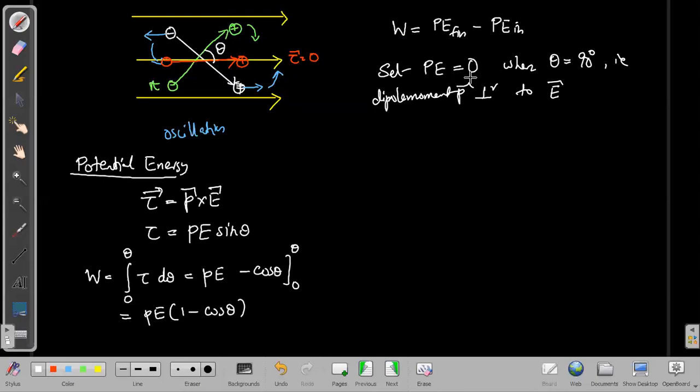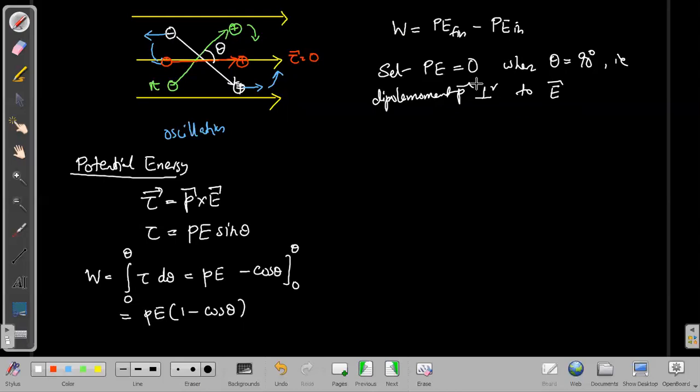We can choose any point or any orientation as zero potential energy. Think about the gravitational problem: the zero potential energy of a gravitational system you can choose anywhere you want. You can choose the surface of Earth as zero potential, or the top of a building. That is up to you. Depending upon the problem, for the ease of the problem, you can choose any point as your zero potential energy point.